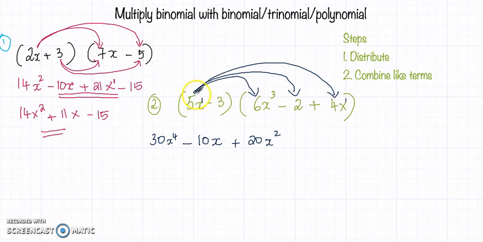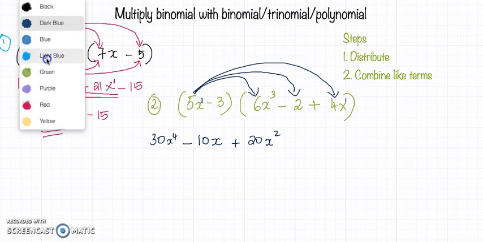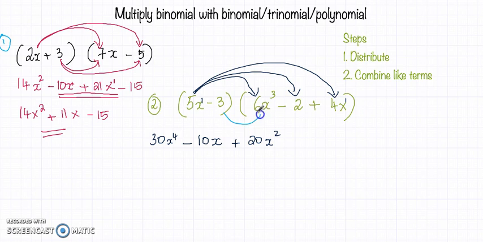Now after you finish distributing the first term to every term in the second polynomial, now you can distribute the second term to every term in the second polynomial. So negative 6 times 3 is negative 18x cubed, negative 3 and negative 2 is positive 6, negative 3 times positive 4 is negative 4 times 3 is 12x.